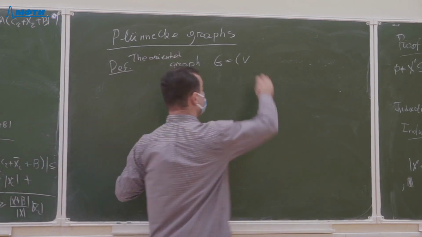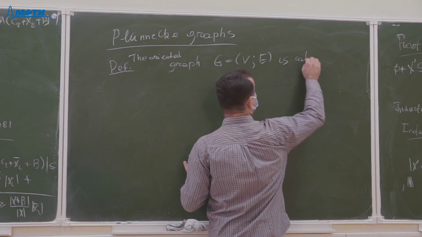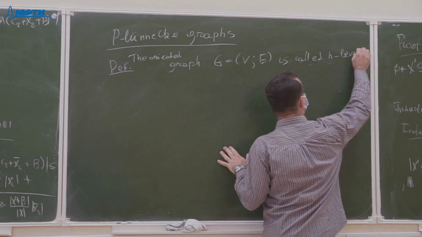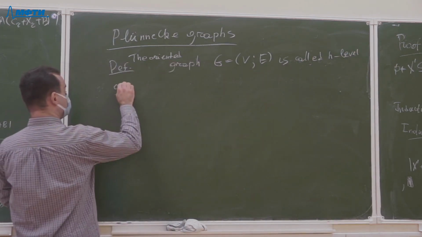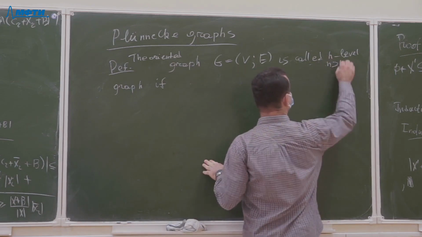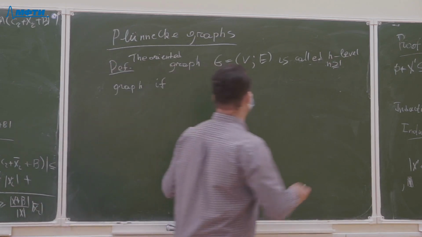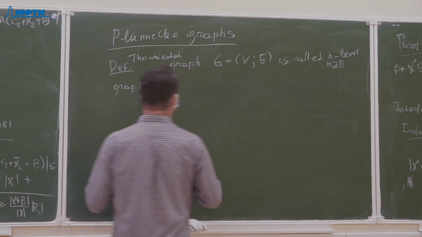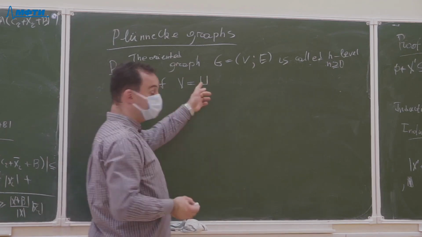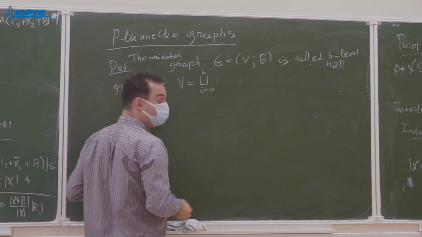A graph G, with vertices V and edges E, is called an H-level graph if H is at least 0, if V is a non-intersecting union, this is the notation for a non-intersecting union, over i from 0 till H of V_i.